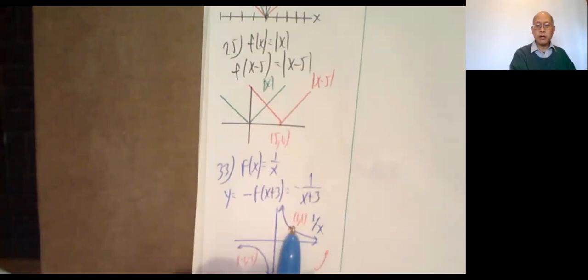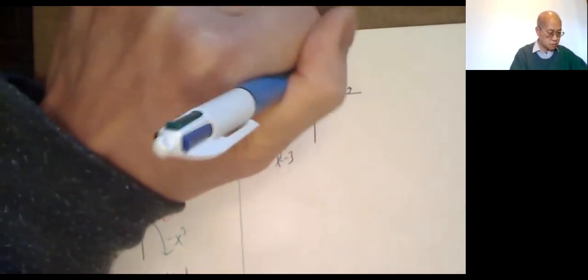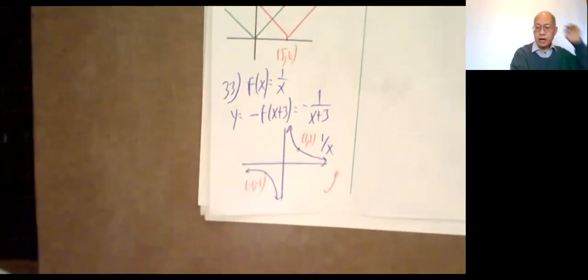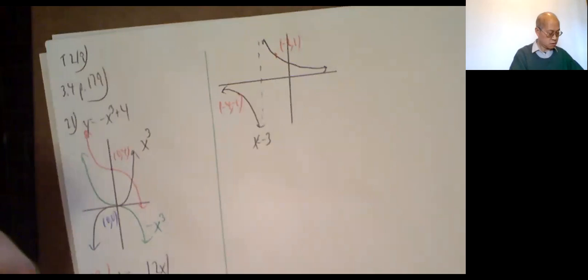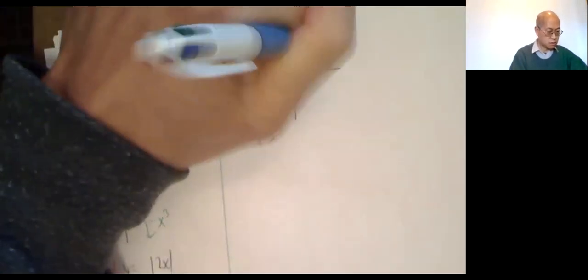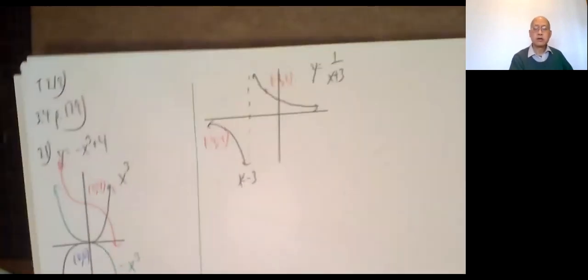And then key points, 1, 1 becomes negative 2, 1. Negative 1 becomes negative 4, negative 1. This is what I have right now.